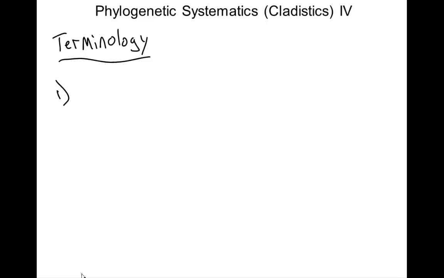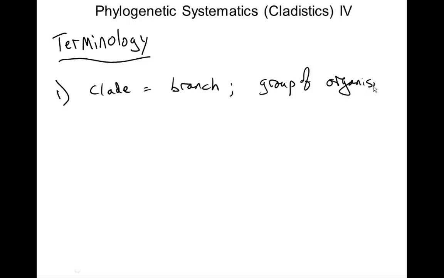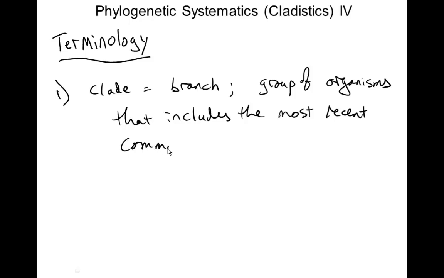So for terminology, again, I mentioned the term clade. When we talk about a clade, we're just talking about a branch, or a group of organisms that includes the most recent common ancestor and all of the descendants of that ancestor.